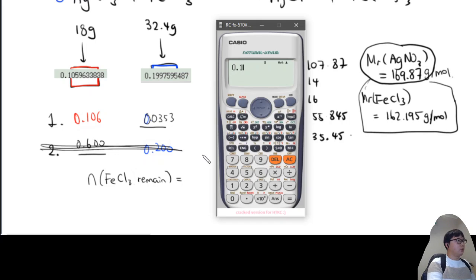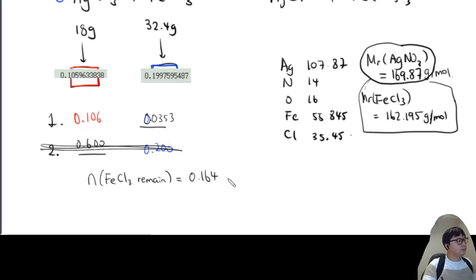So 0.1997595, blah, blah, blah. And then minus 0.0353, okay? Then you get 0.164 moles remain. So the number of moles of FeCl3 used is 0.0353.